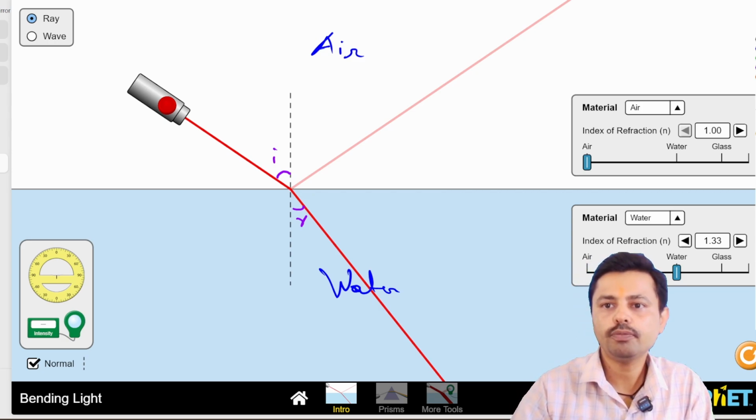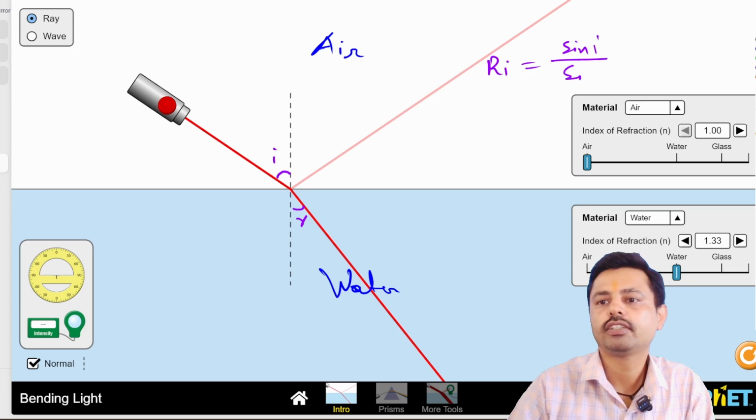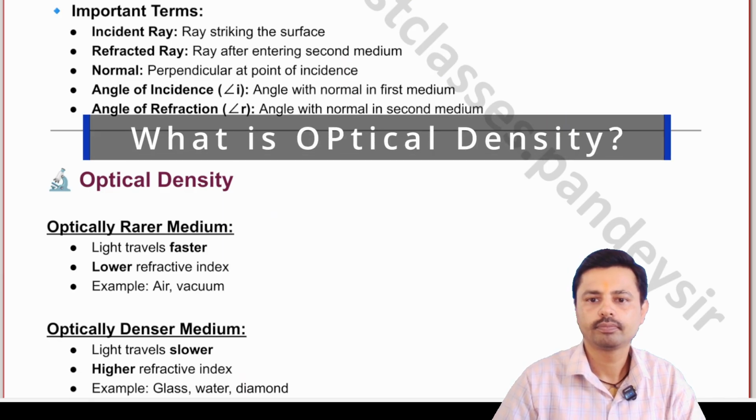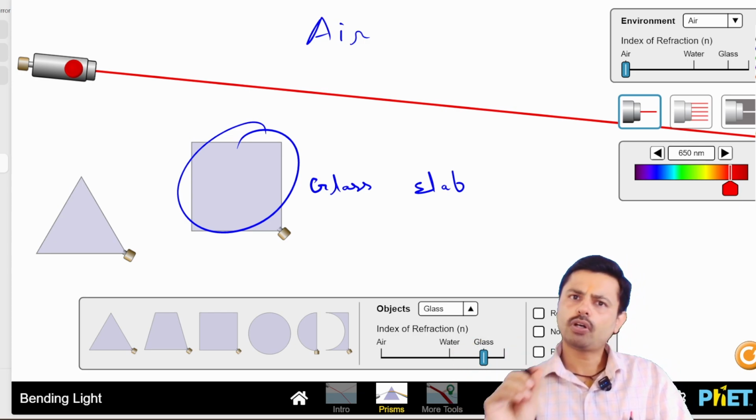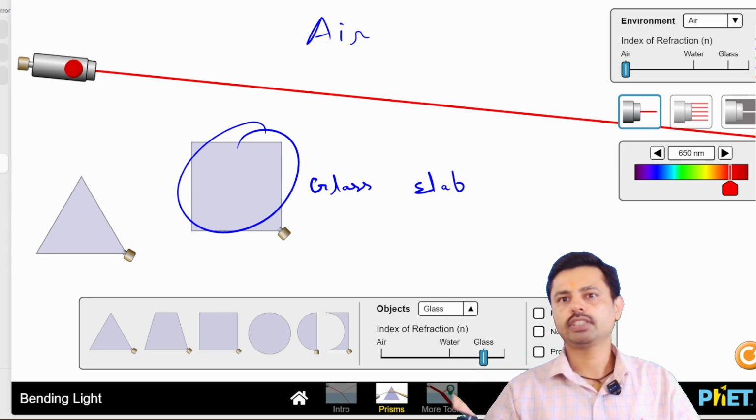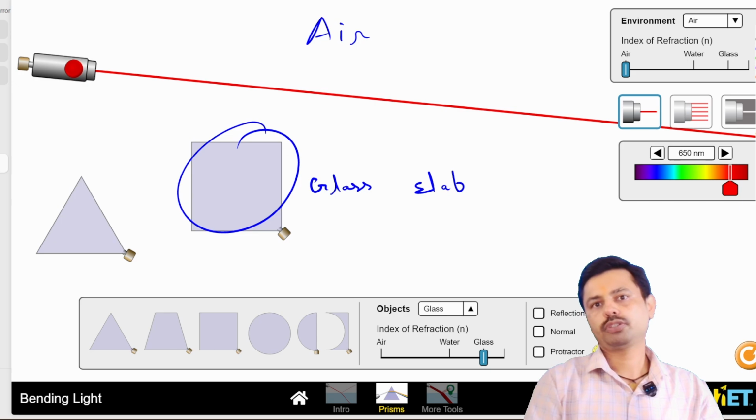Snell's law, what is Snell's law? Snell's law is: the refractive index of a material is sin I by sin R. This medium is air. Now you should understand there is a small difference between density and optical density. Density generally refers to weight.